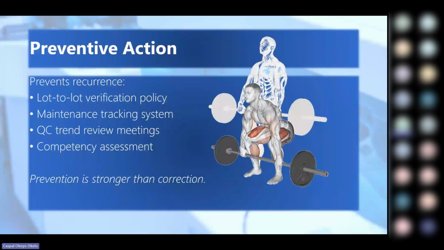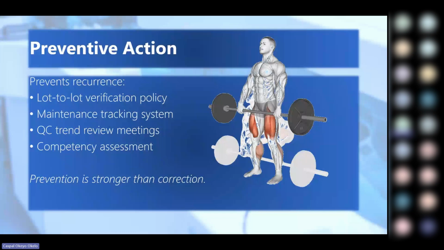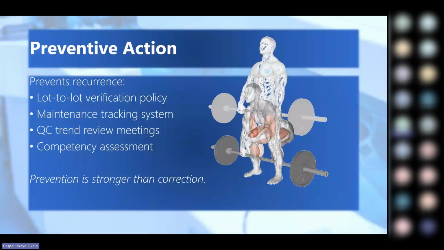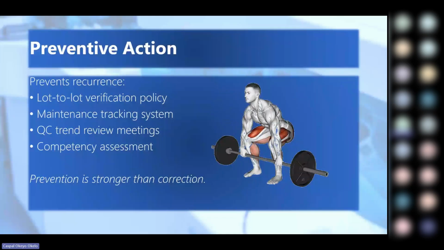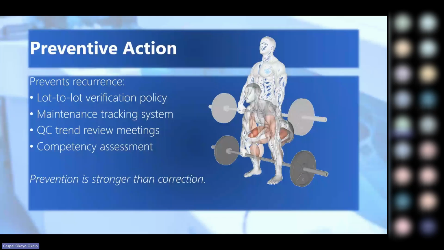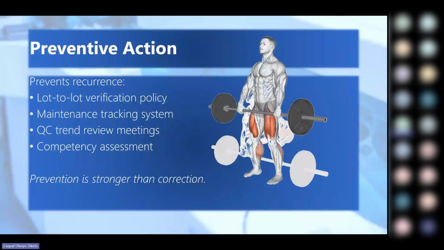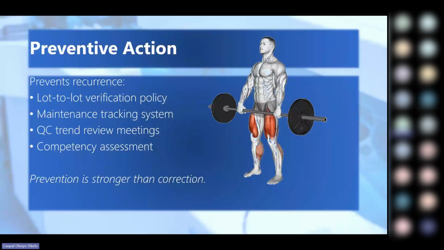Healthy living individuals do things like having a balanced diet, regularly exercising, you don't skip leg days, you do blood pressure monitoring, routine medical checkups, and these actions aim at preventing the heart attack from happening in the first place. So in the laboratory context, preventive action will include things like developing a mandatory lot-to-lot verification.